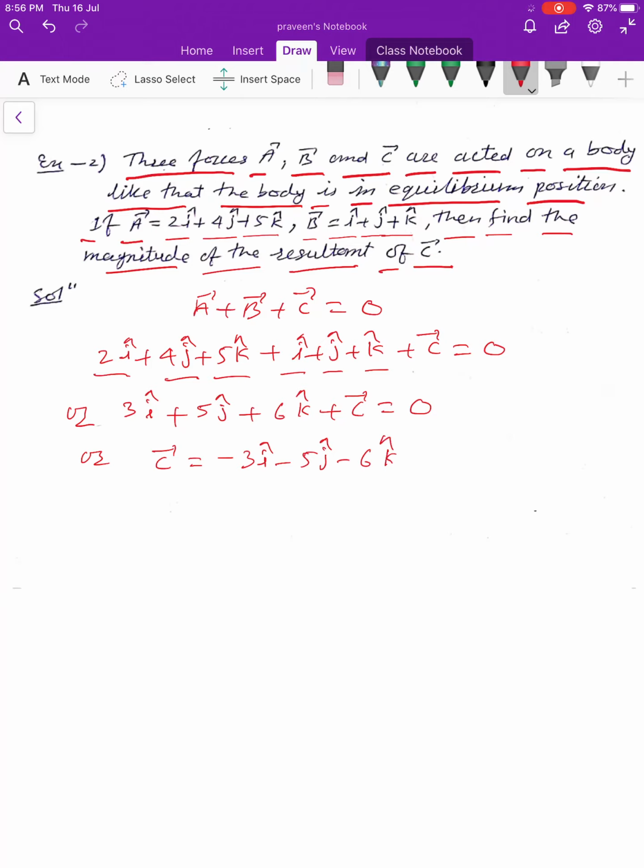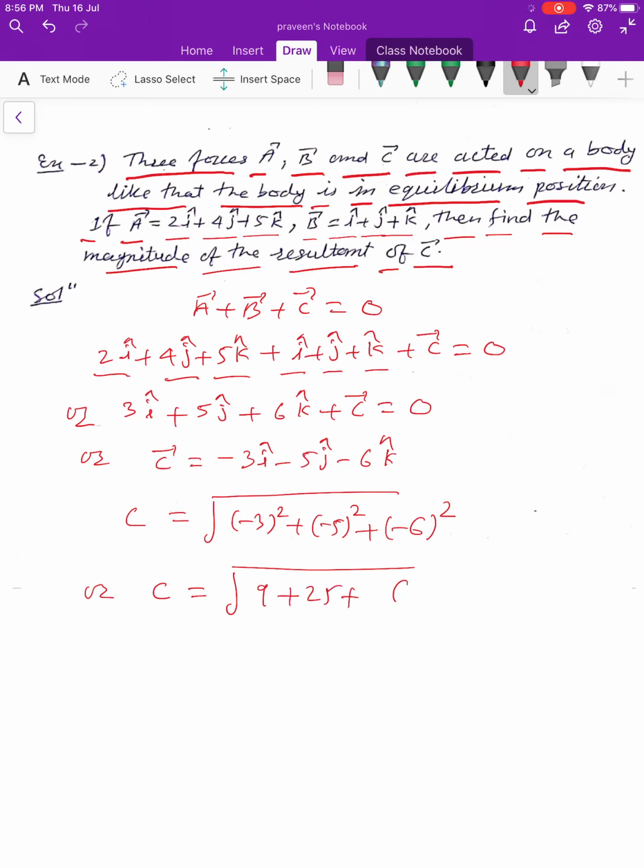So the magnitude of the resultant of vector C, C is equal to under root (minus 3) whole square plus (minus 5) whole square plus (minus 6) whole square, or C is equal to under root 9 plus 25 plus 36, or C is equal to under root 70 units of force.